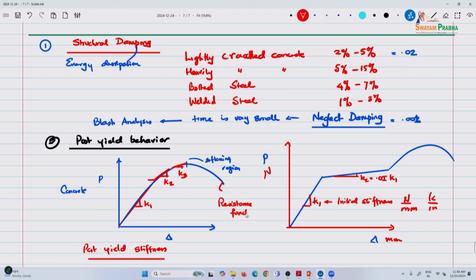As we spoke about earlier, the resistance function can be either generated analytically, or you can do experiments in order to determine it.